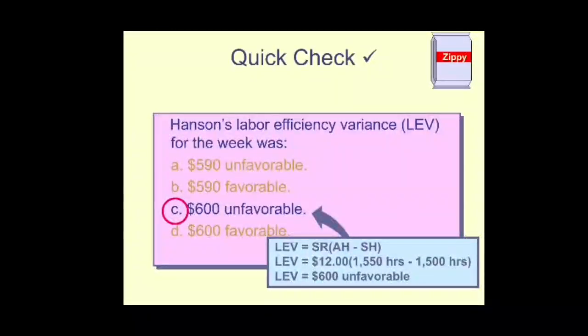The standard rate is $12. Actual hours, you have calculated in the previous slides: 1,550 hours minus standard hours 1,500 hours. So the answer is $600 unfavorable because actual hours is greater than standard hours.